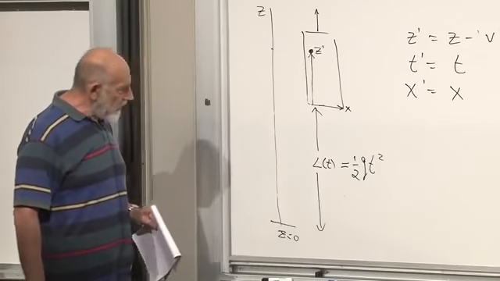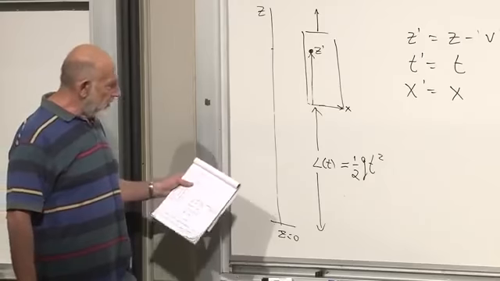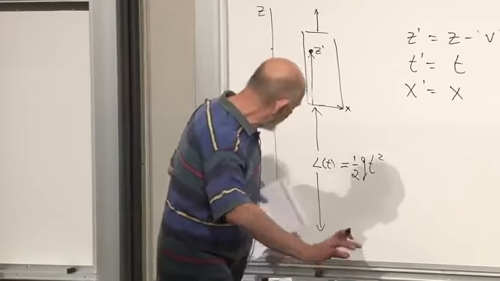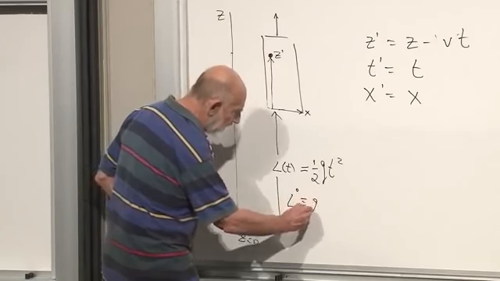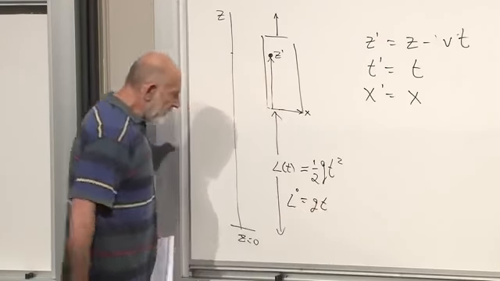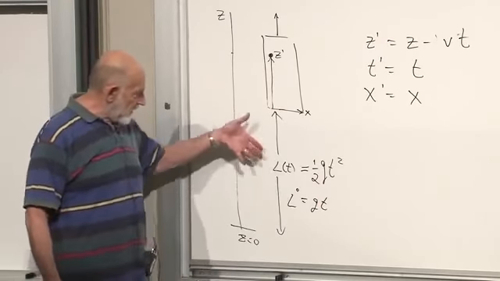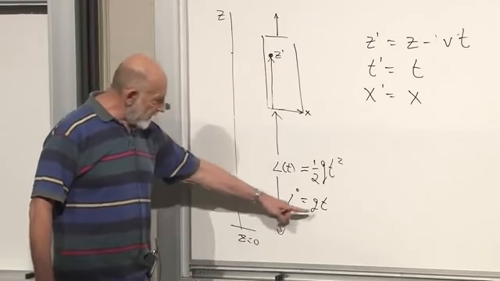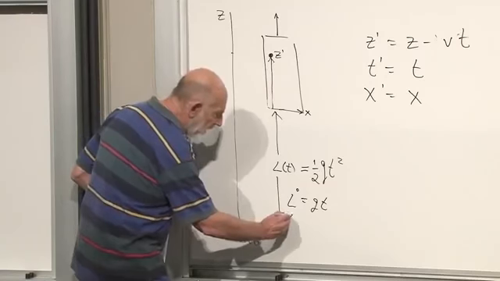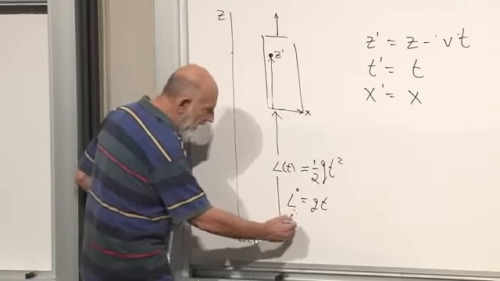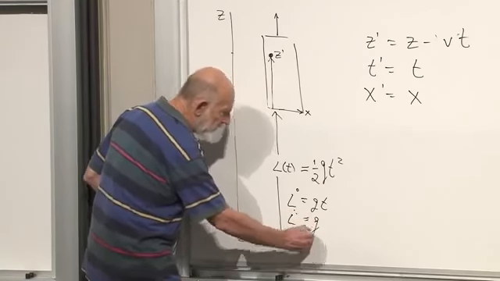If I differentiate L once, I get L dot, and that's just gt. Notice that this says that the velocity of the floor increases with time. It's not steady velocity. And L double dot is just equal to g.